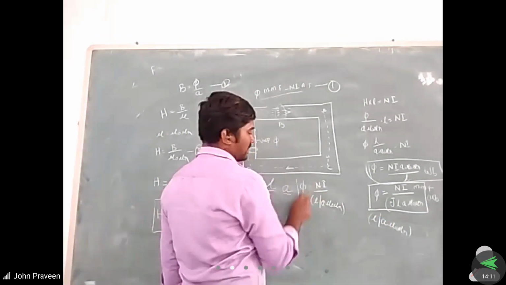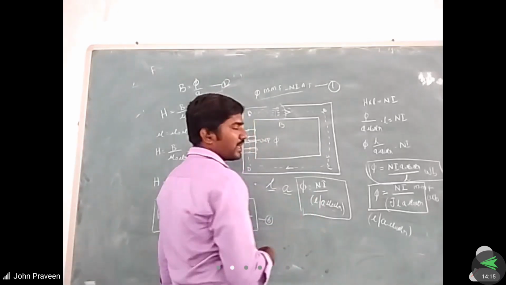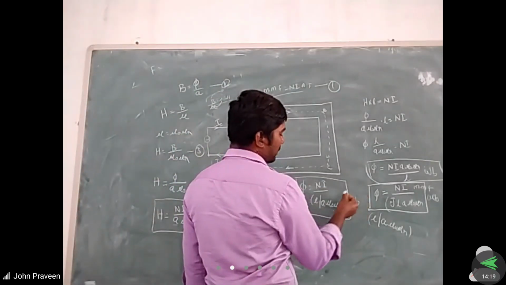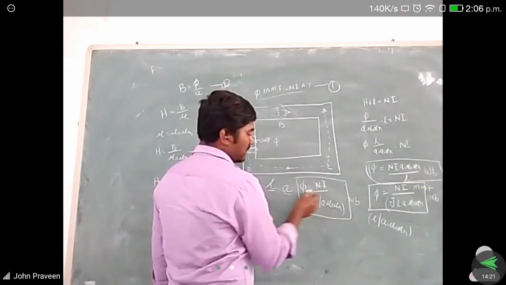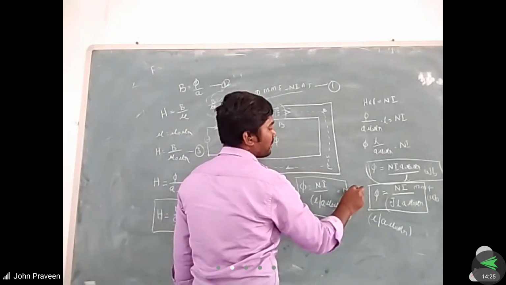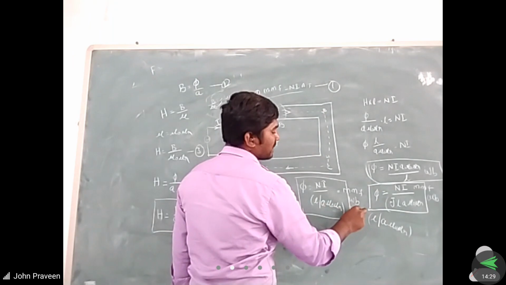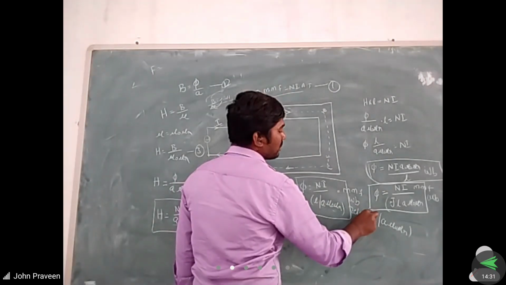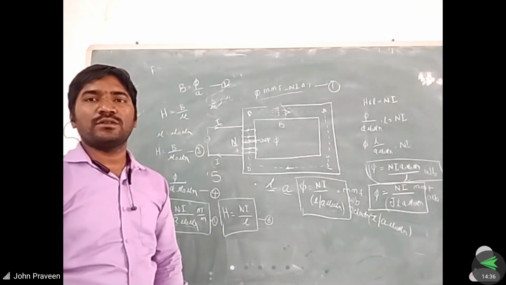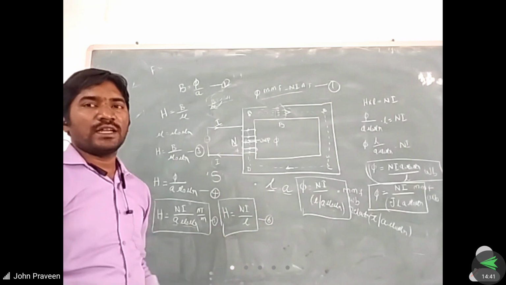It is easy to remember; we are just applying the inverse. So that implies we can write N into I as the MMF, and this is what we call the reluctance. Phi is equal to the ratio of MMF to the reluctance.